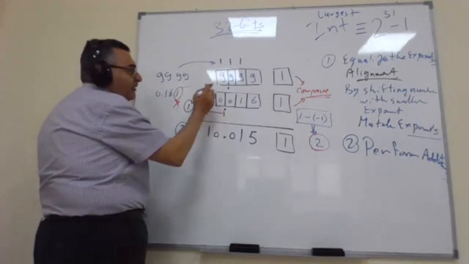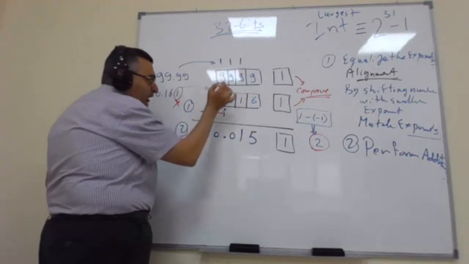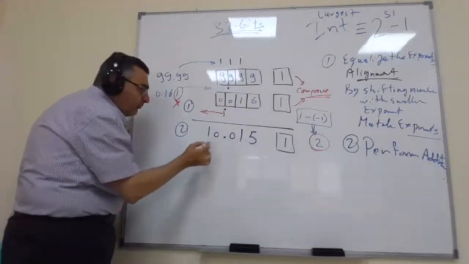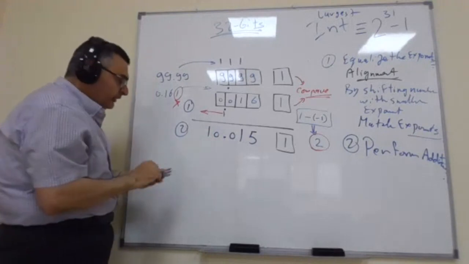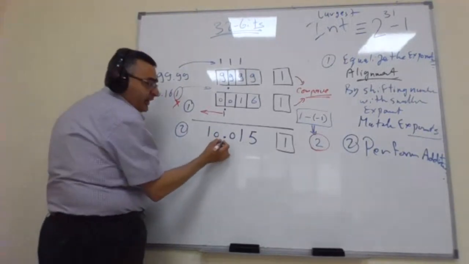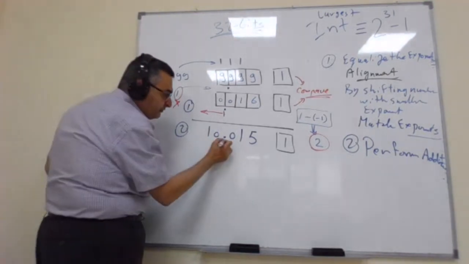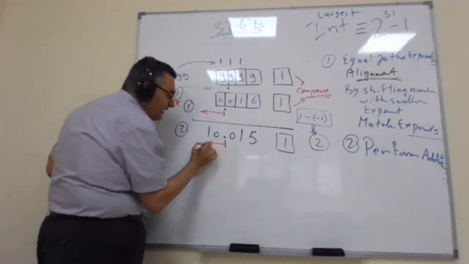Okay, we agree to have the number as integer point fraction. This also should have only one digit for the integer. So what do I need to do? Normalization again. I have to shift the decimal point. How many places?